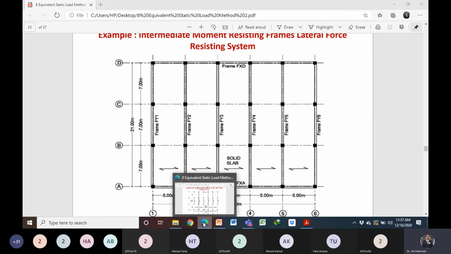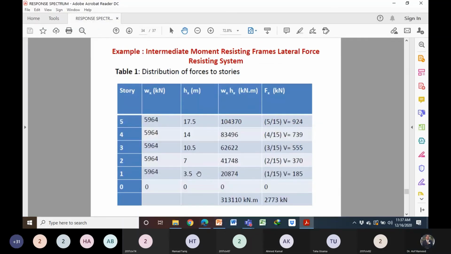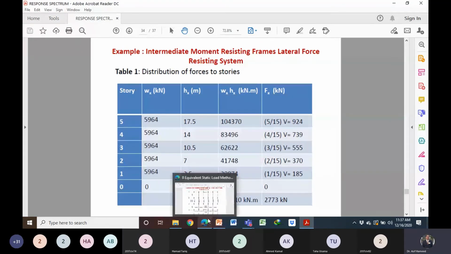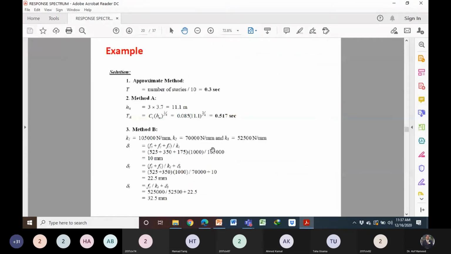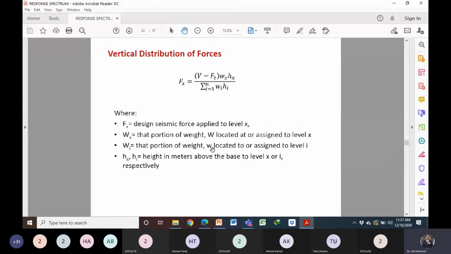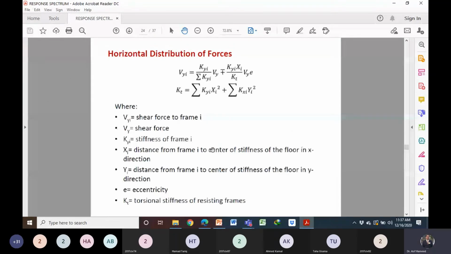Let's see that. And the formula to calculate the share of the base shear in the different frames is this one. This is the base shear in the y direction in any frame.